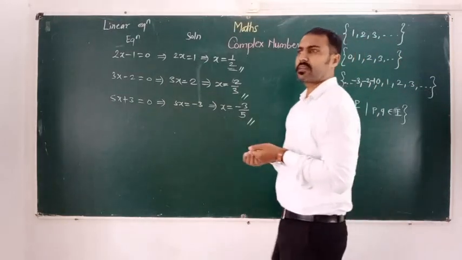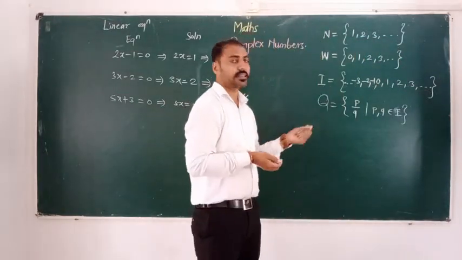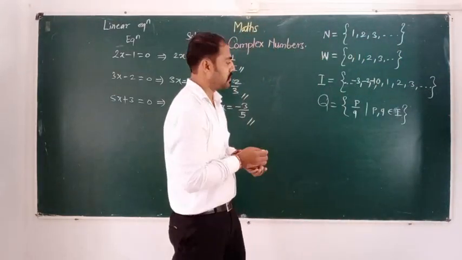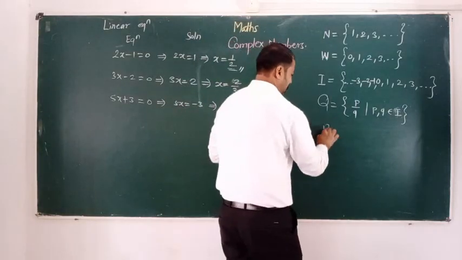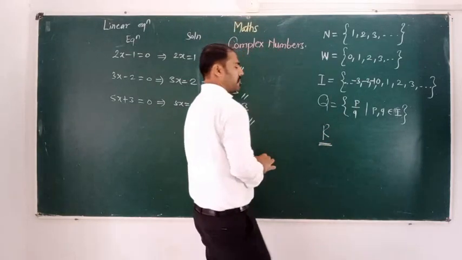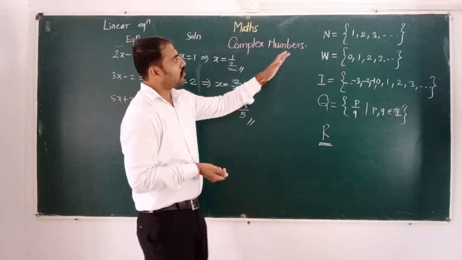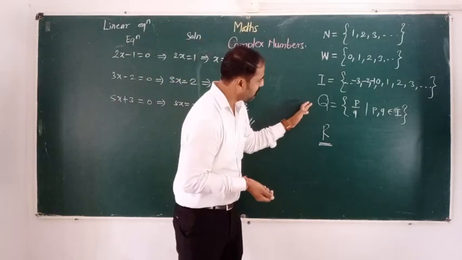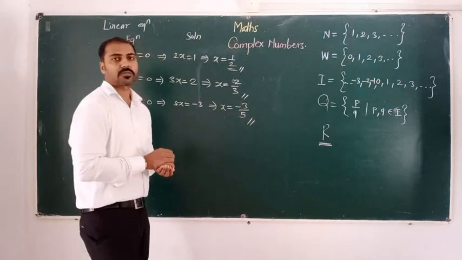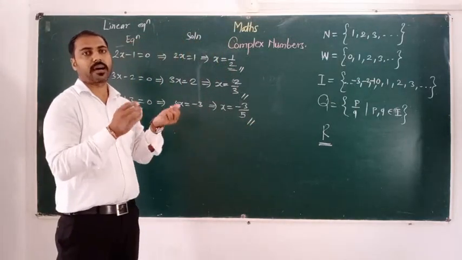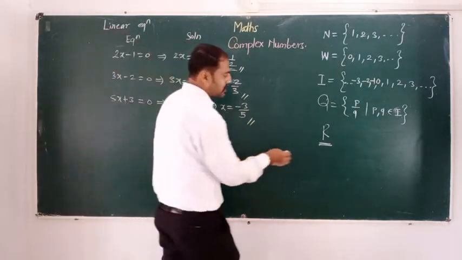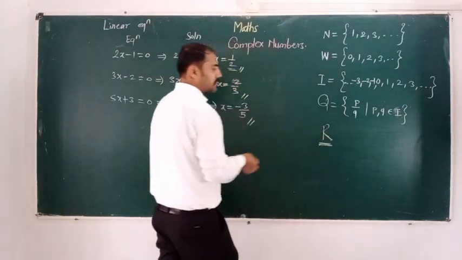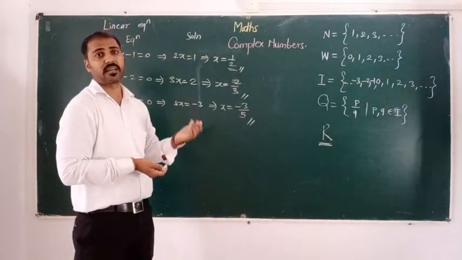After that they find irrational numbers, set of irrational numbers, and lastly they put all the sets, natural number, whole number, integers, rational numbers, all the numbers are written in one set, that is set of real numbers.